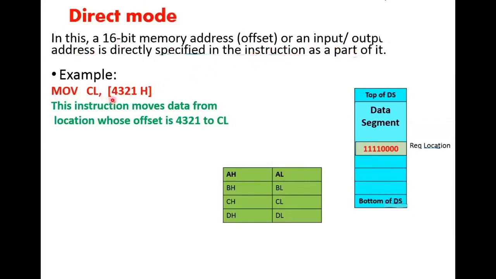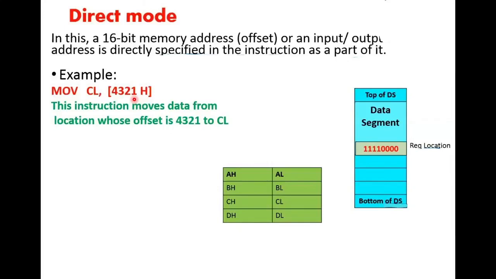Remember, if 4 values like this are given inside the square brackets, you should understand this is an offset address. This is a distance from the base location. Offset is nothing but distance, right?